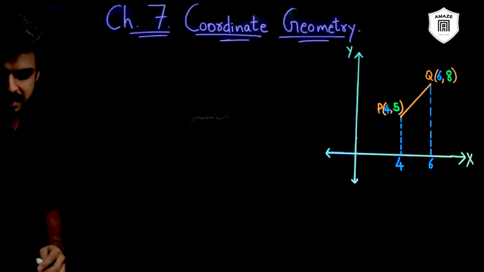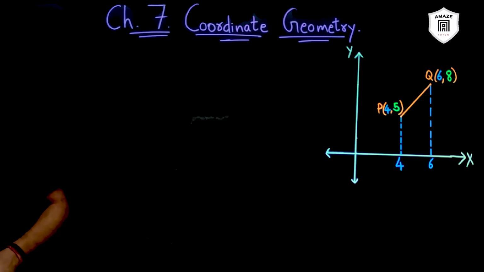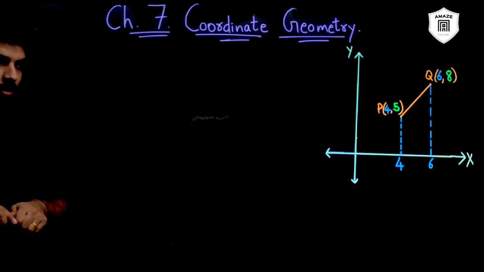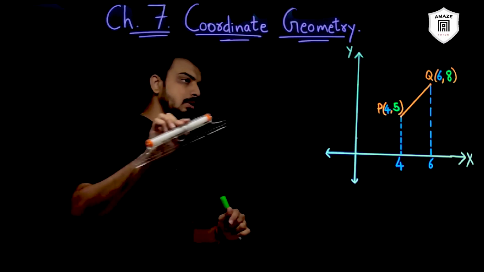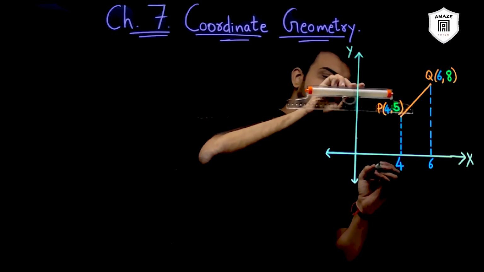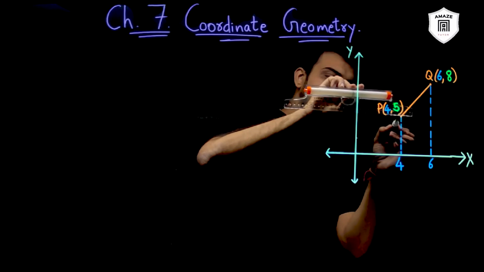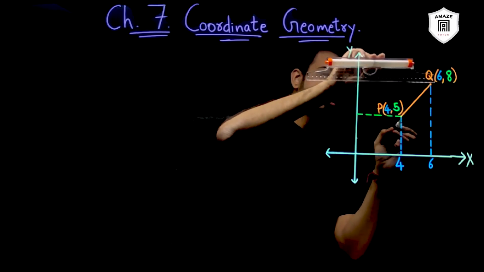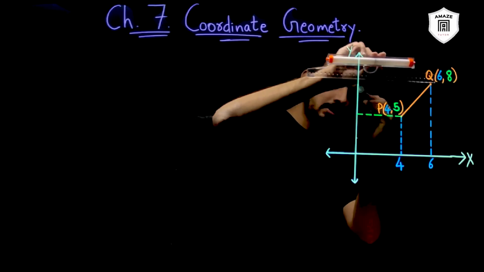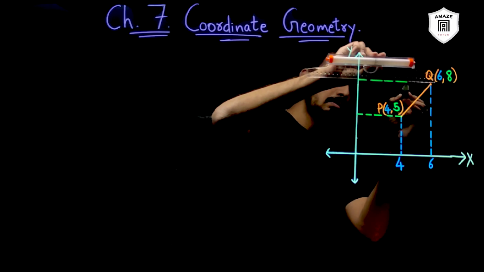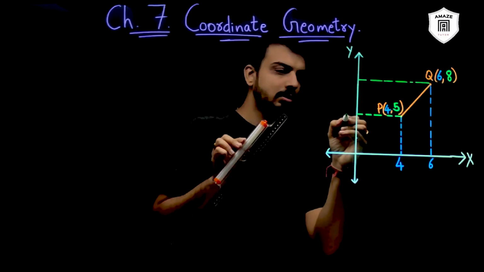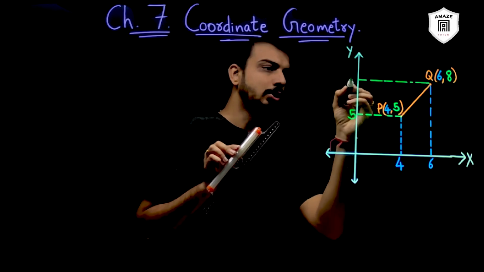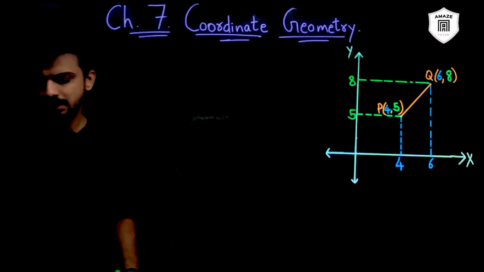So let me write down 6 and 8 now. Sorry, 5 here, 4, 5, so this will be 5 here on the y-axis. And this is going to be 8 on the y-axis, right? Okay, this is going to be 5 and this is going to be 8, right?